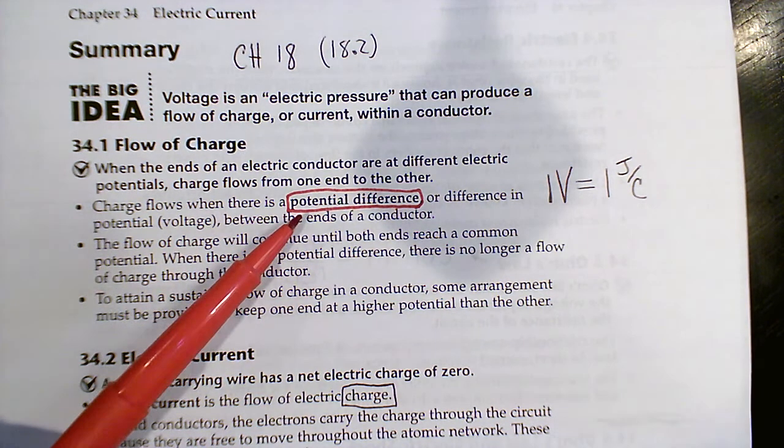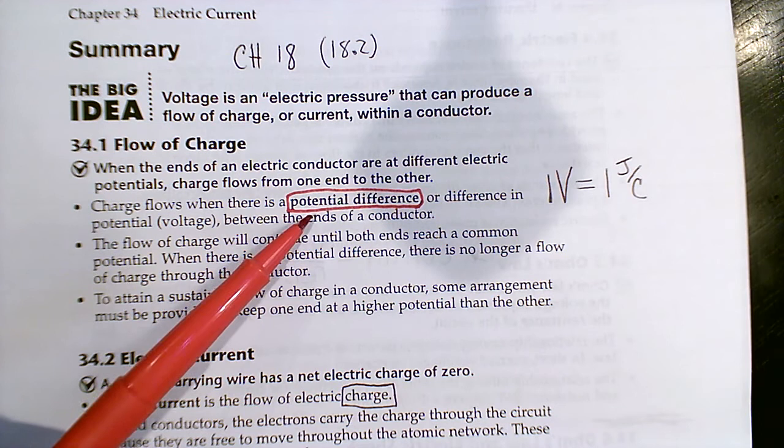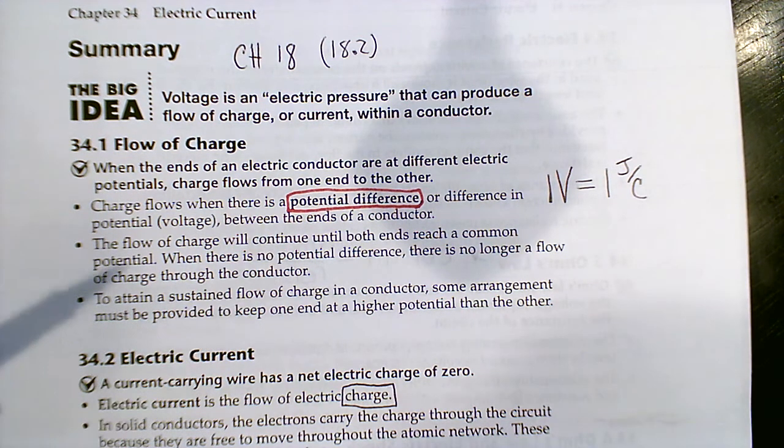But water will flow downhill until there's no further downhill to go, right? So when all of the water is down at the low spot, it'll stop flowing. When all of the charge has moved so that there's no difference in charge from one spot to another, it will stop.